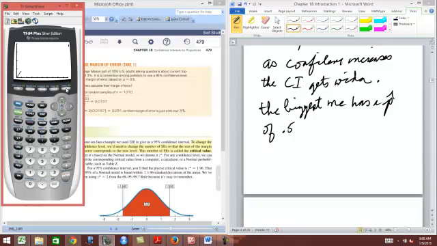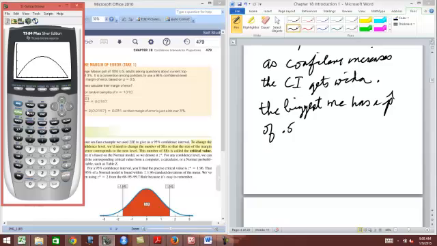Okay. All right. And so you can see if p is 0, then p times q is going to be 0. And if p is 1, p times q is going to be 0. So p times q is 0 when p is 0, and p times q is 0 when p is 1. Okay. And where is it the highest? It's going to be at 0.5 right here.